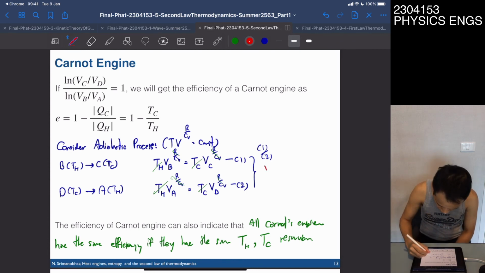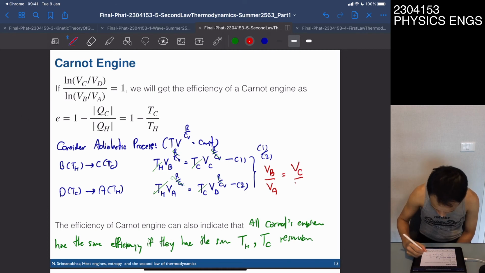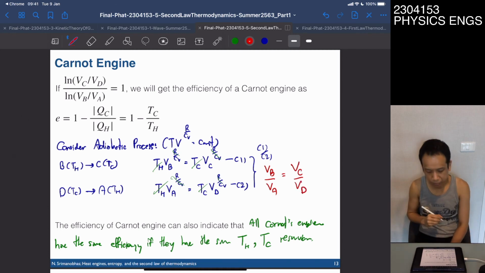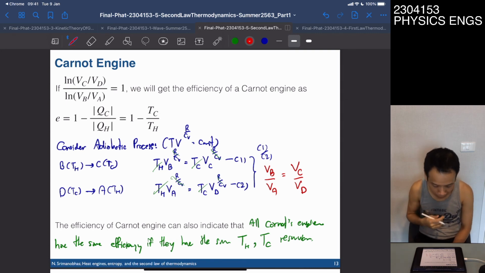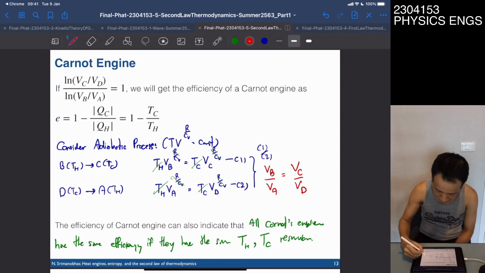So you have VB over VA equal to VC over VD, right? This is what we ought to have. So VC over VD is equal to VB over VA.